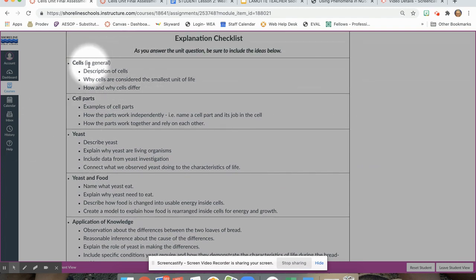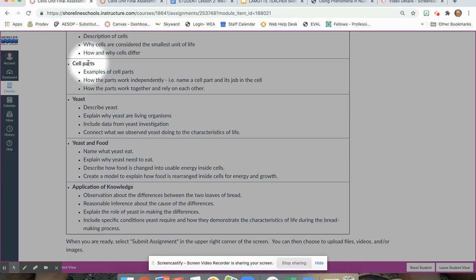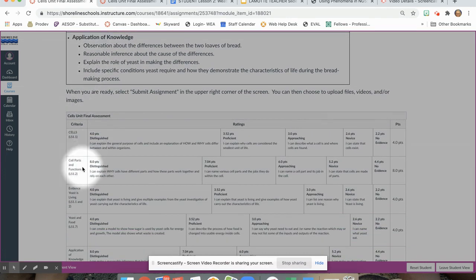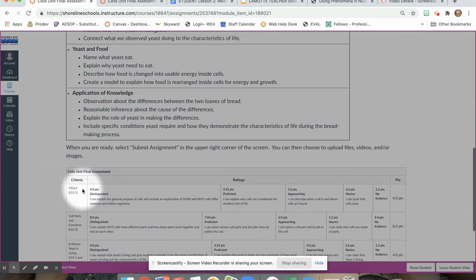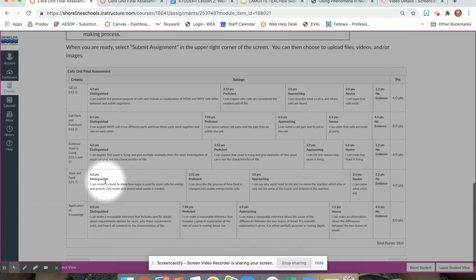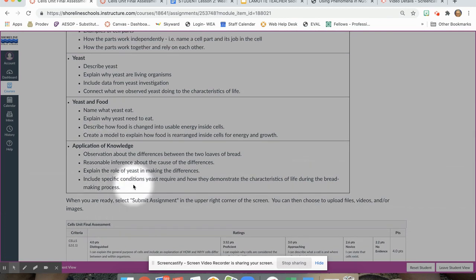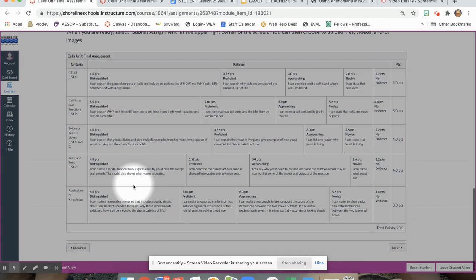So we have cells, cell parts, evidence that yeast is living, yeast in food, and application of knowledge. Notice that some of these are worth more than others.